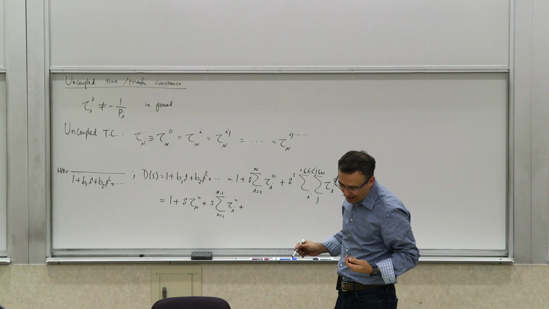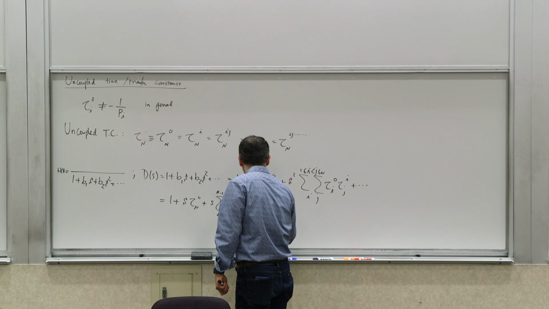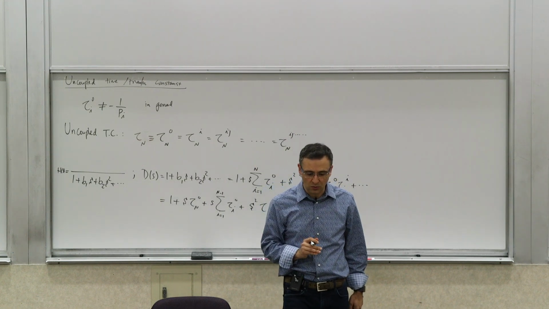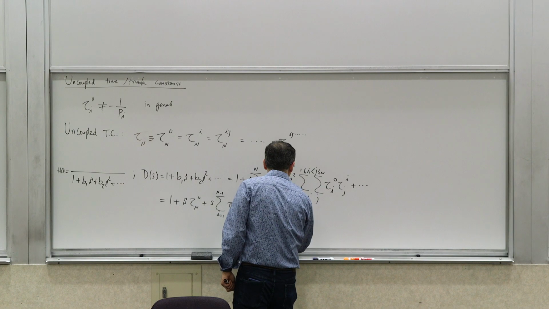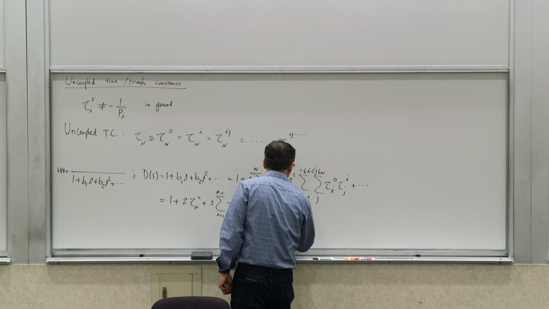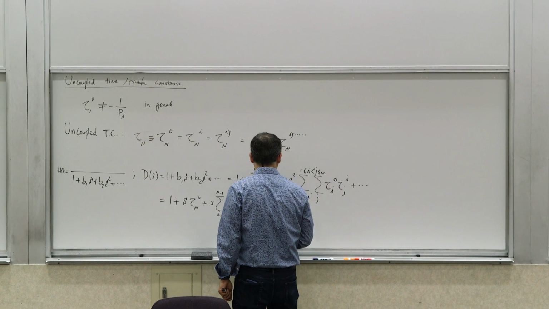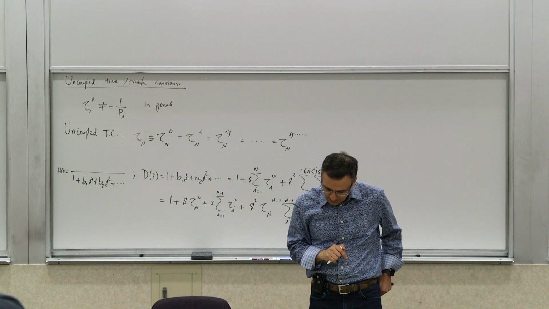So I basically will have s squared tau n0, because you won't have n. And then there would still be one of the sums left, the sum for i from 1 to n minus 1 of tau i0. So that's the one corresponding to the n term.